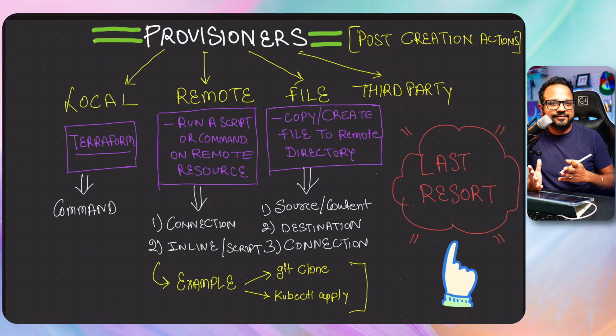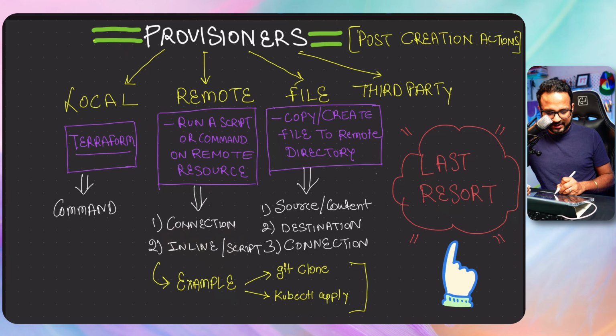Let's say the remote resource is a virtual machine. If it's an Ubuntu or Linux-based machine, we need the username, the private key of the machine, and the public IP, so basically we need to establish an SSH connection. If it's a Windows machine, we need to establish an RDP connection. So for that we need the connection and its related parameters.